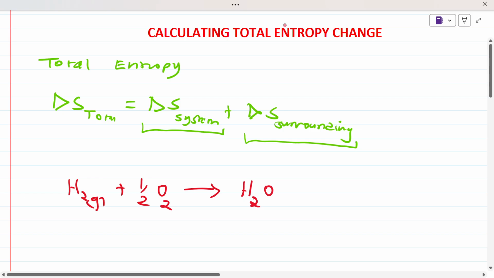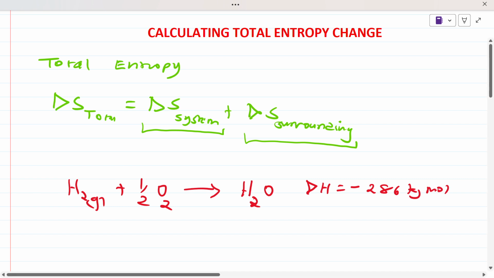We are told this reaction is an exothermic reaction, and the delta H is negative 286 kilojoules per mole.